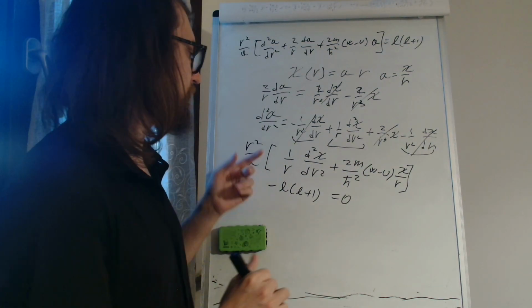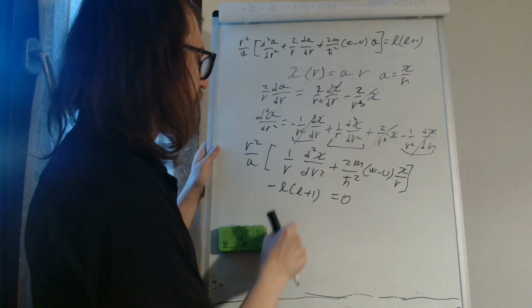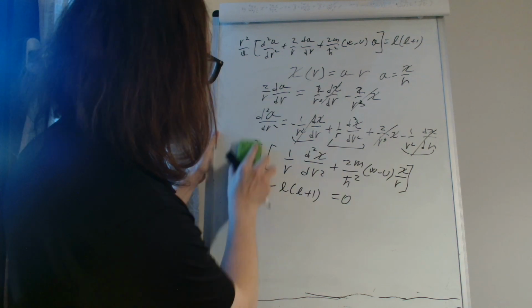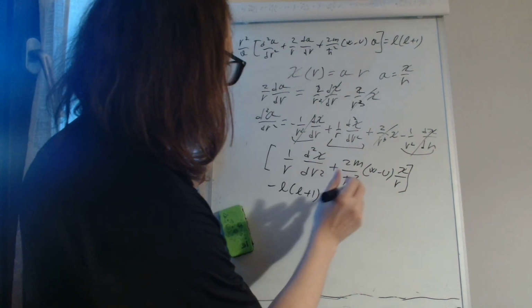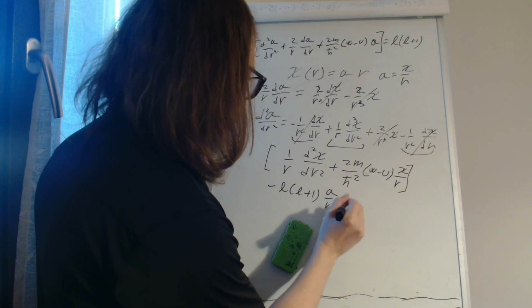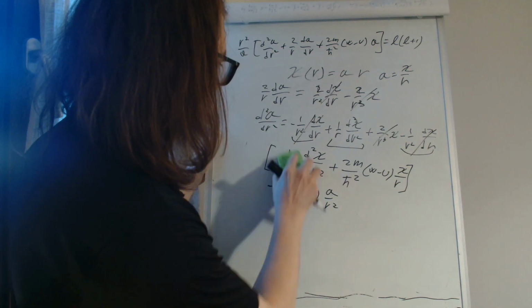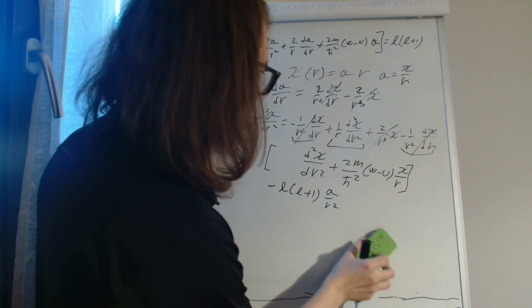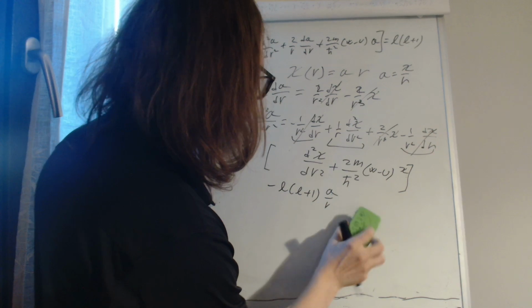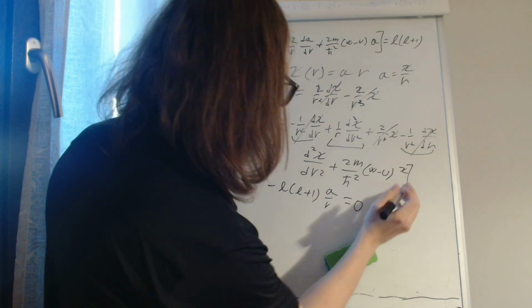Now we want to get rid of the coefficient in the second order term, so we're going to multiply everything by a divided by r squared. Then we multiply everything by r, and we get this.